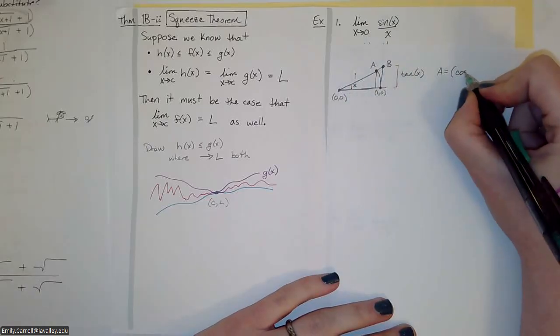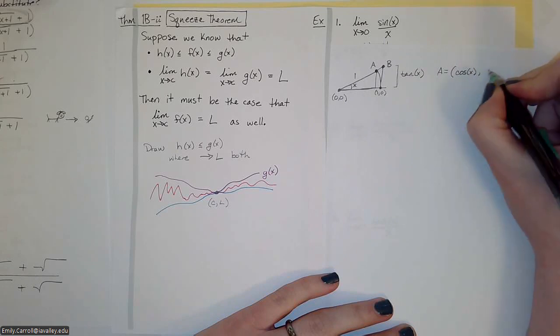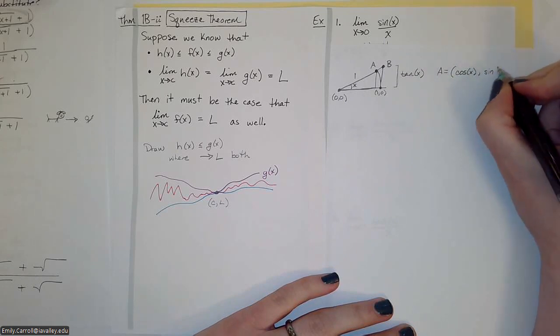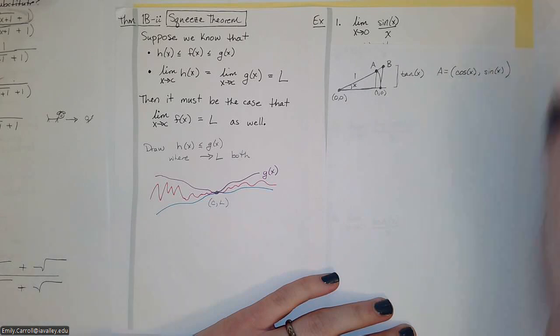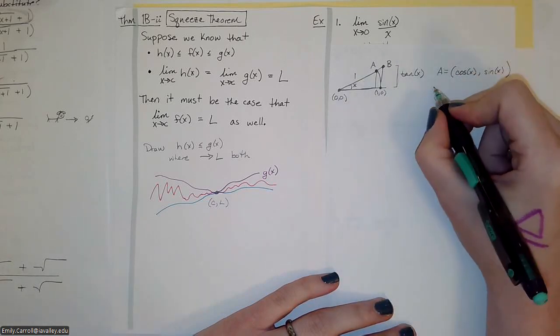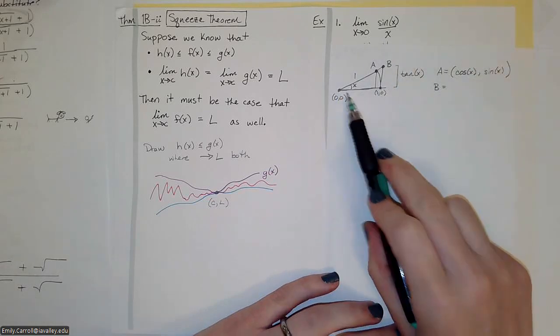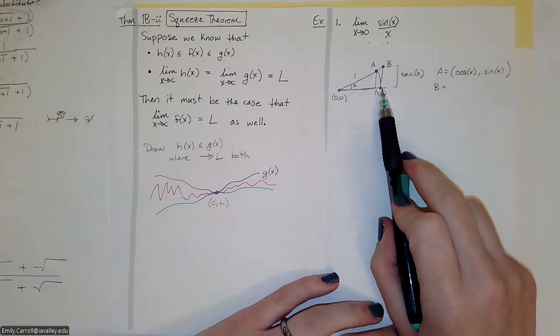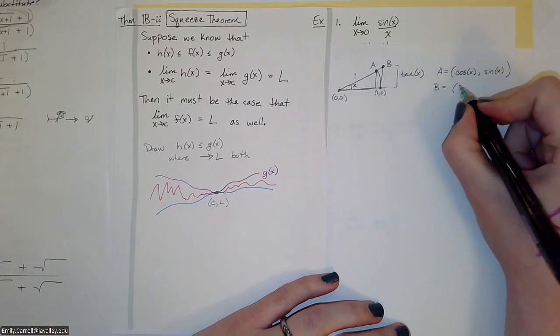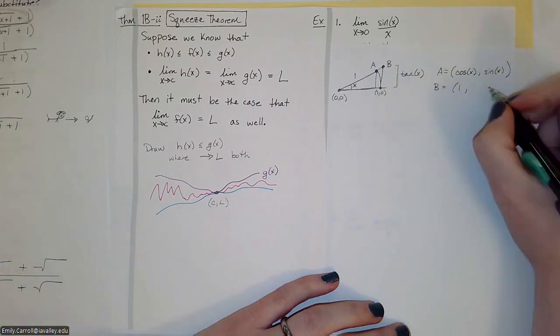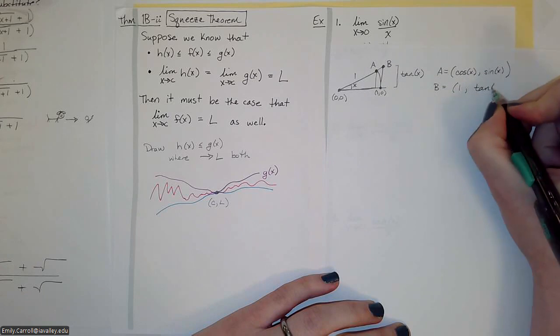So this is cosine of x, sine of x. Okay, and then B, because this is on the unit circle down here, the x coordinate is 1, and the y coordinate is tangent of x.